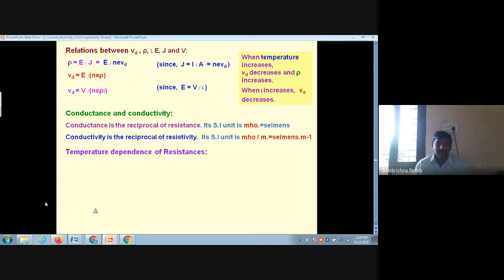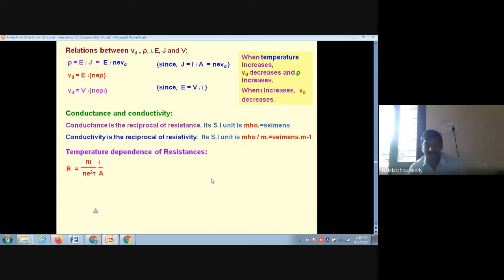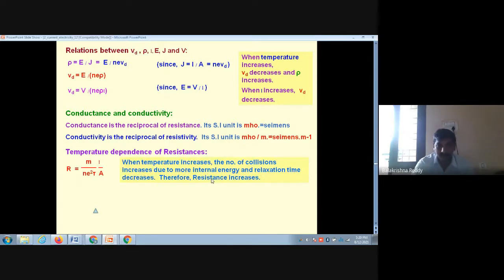We know the length of the conductor is directly proportional to the resistance, is it right? If length is directly proportional to the resistance, if resistance increases, the length of the conductor also will increase. Now you can see R equal to m by ne square tau into L by A. When temperature increases, the number of collisions increase due to internal energy, and the relaxation time decreases.